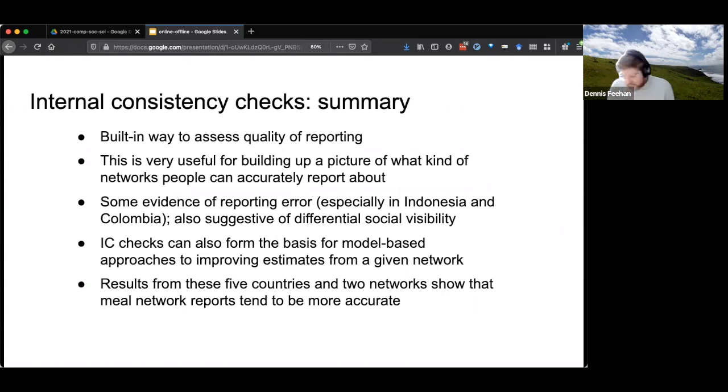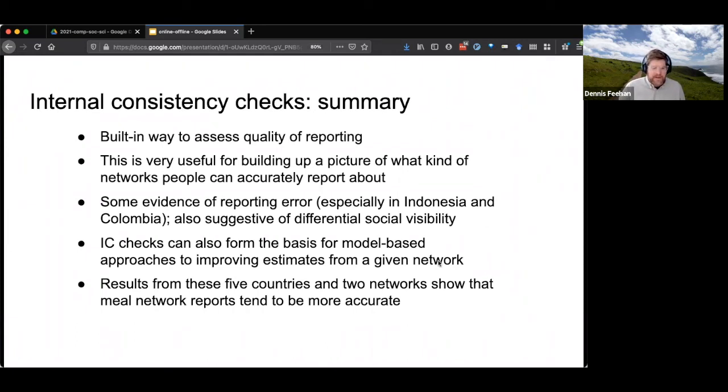And then to go beyond what we're doing in this paper, in the future, these IC checks could also form the basis for some kind of model-based approach to producing estimates from these data, because they give you these relationships that really should be satisfied if the reports are accurate, and there's some information there that can be used to try and help improve estimates from these reports.